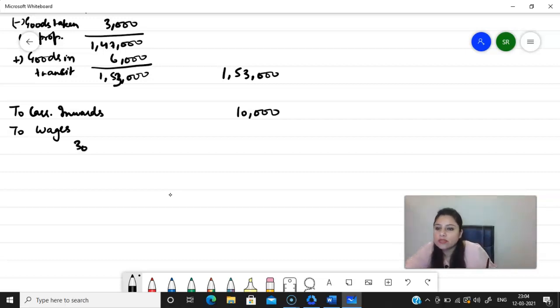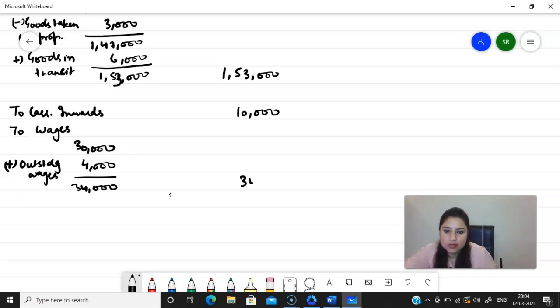So along with the 30,000, we would also be adding such outstanding wages amounting to 4,000, right? So 34,000 would be the total here, which we will be accounting for in the trading account.